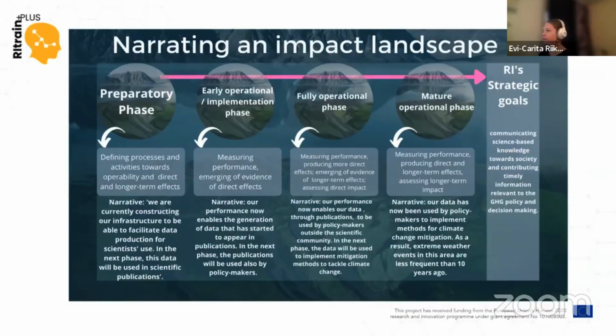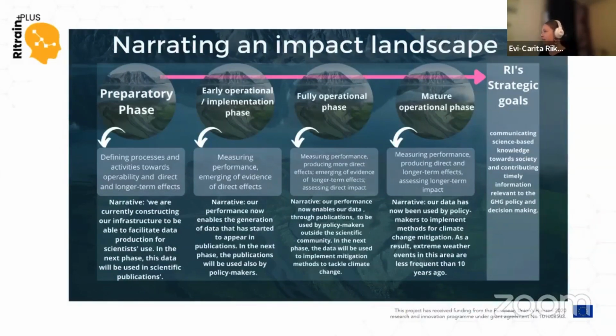So the narrative could be something like: now our performance enables the generation of data that has started to appear in publications. And now when we move forward in the next phase, these publications will be used by policymakers. And then again, the operationality of the RI continues. They are again measuring performance.